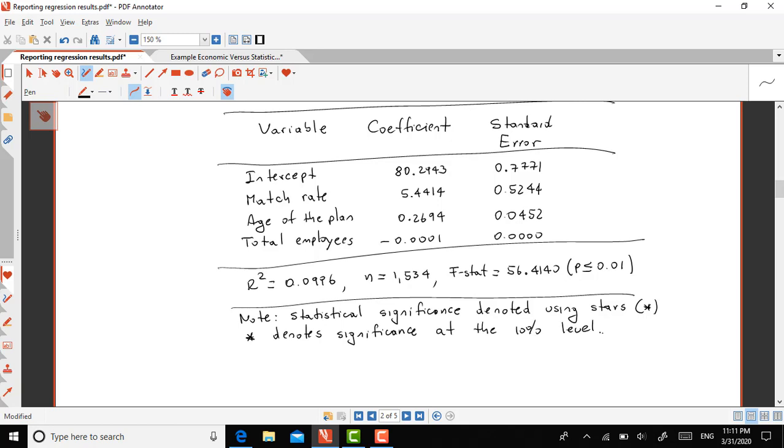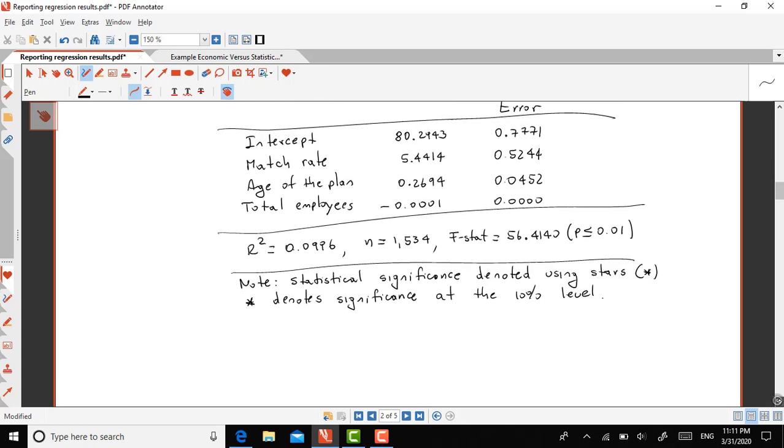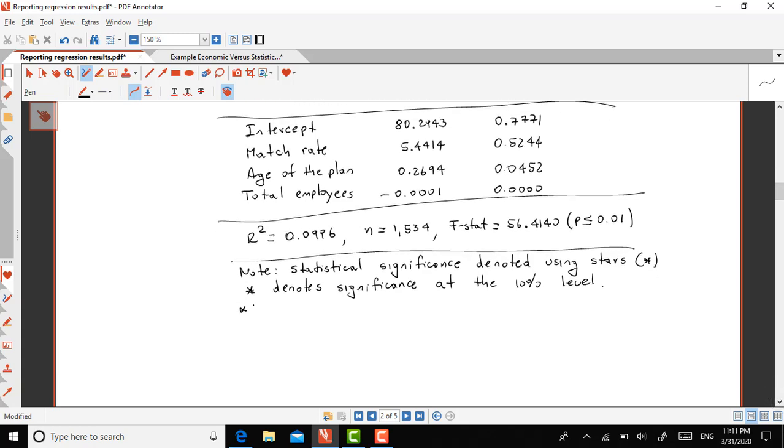And again, that's going to depend on the p-value. I'll probably explain that later a little bit more, because you may get confused by that.